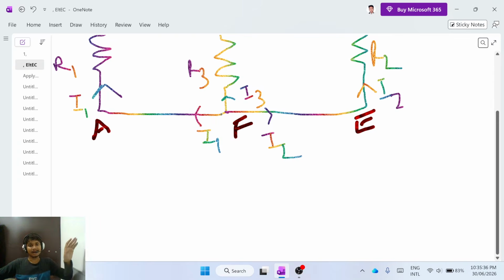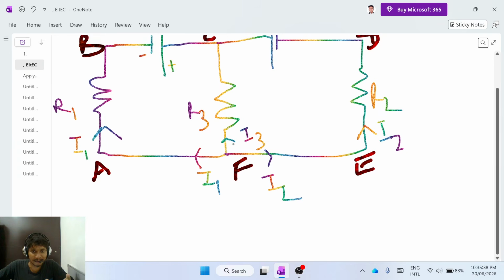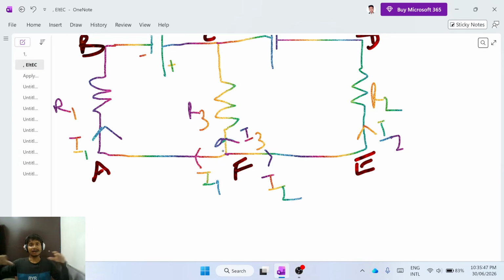We already know KCL and KVL, Kirchhoff's current law and Kirchhoff's voltage law. Now, are these currents incoming or outgoing currents? These currents are outgoing currents. Normally we call them output currents because they are outgoing.